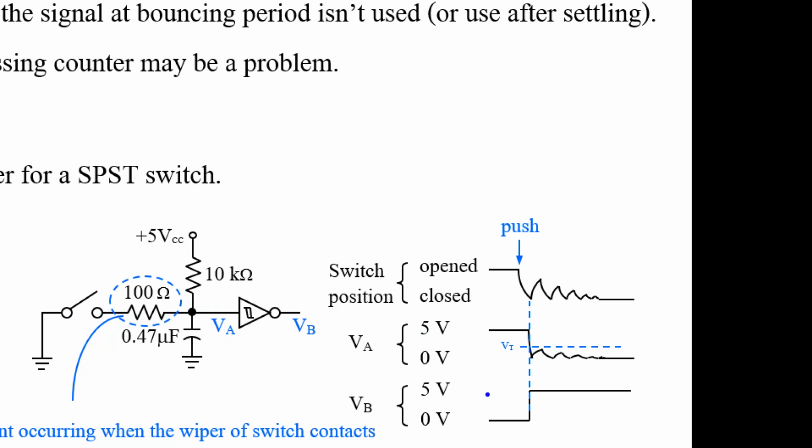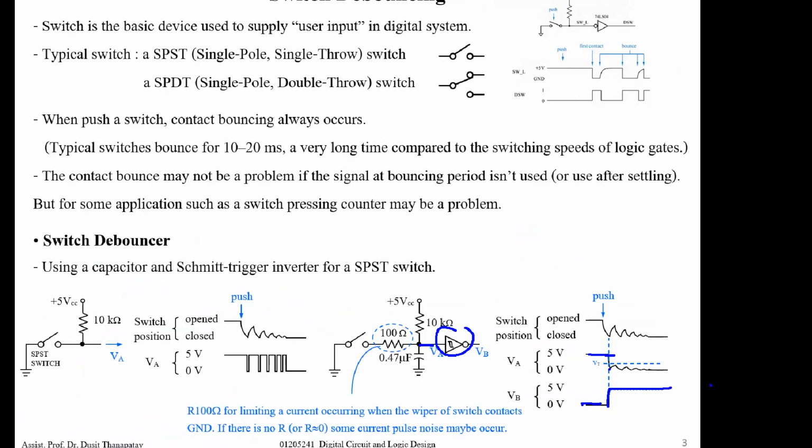And if you want the signal to be sharp, you may use this inverter connected to this one. You change high to low and low to high, something like this. This kind of circuit is called a switch debouncer, to solve the problem of the bouncing effect of the switch contact.